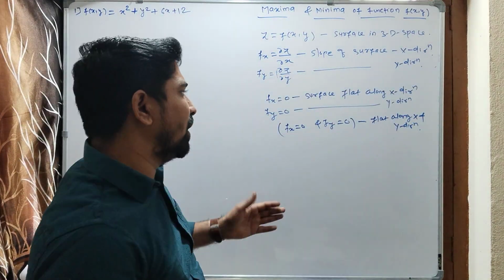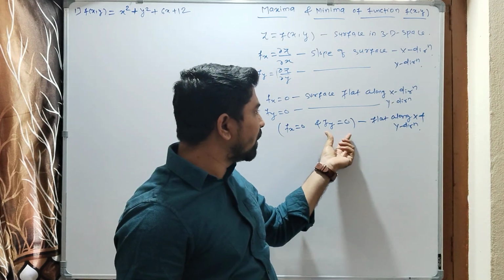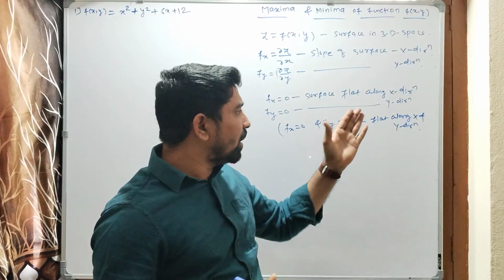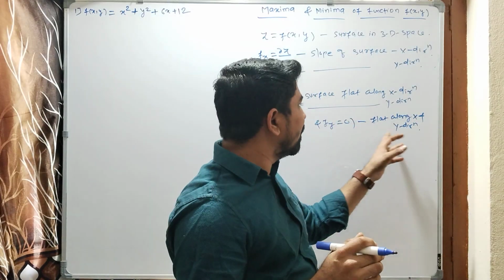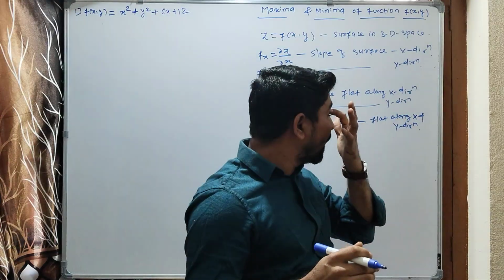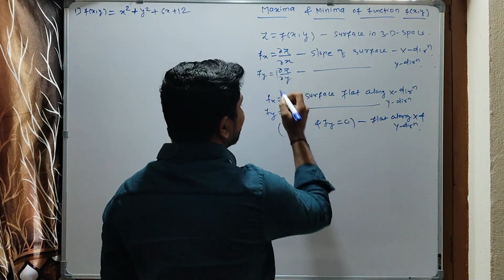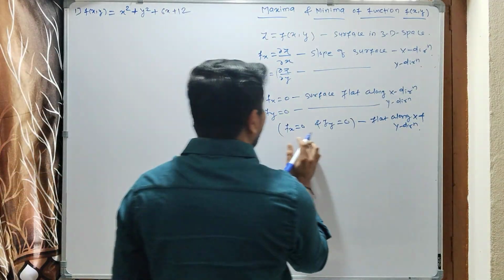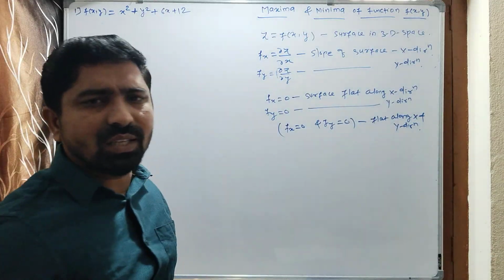So this means that fx equal to 0 combined with fy equal to 0 means my surface is flat along the x direction as well as the y direction. In the same way as f dash of x equal to 0 is my critical point, the point at which fx equal to 0 and fy equal to 0 is my stationary point, or we can say critical point.